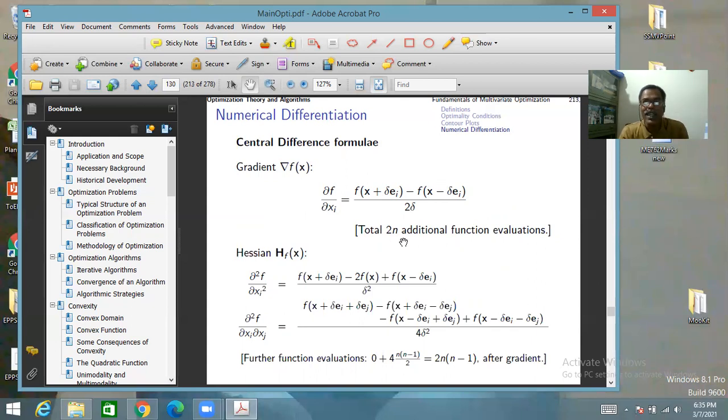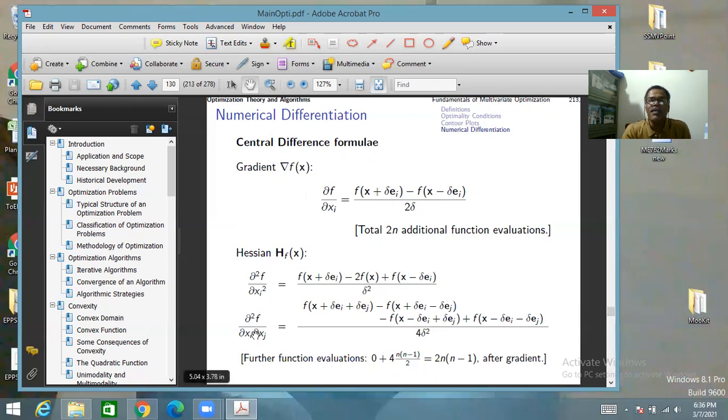It will require 2n additional function evaluations rather than n in forward difference. However, these additional function evaluations which you have made for the gradient, the same ones will be useful in the diagonal terms of the Hessian also. So this will need nothing more other than what you have done already here.